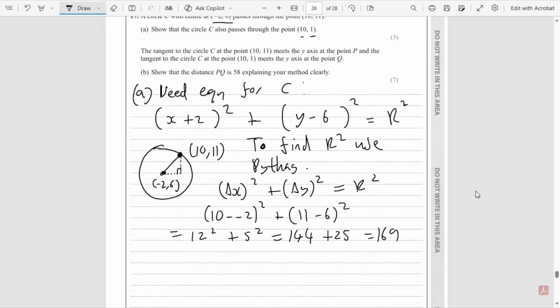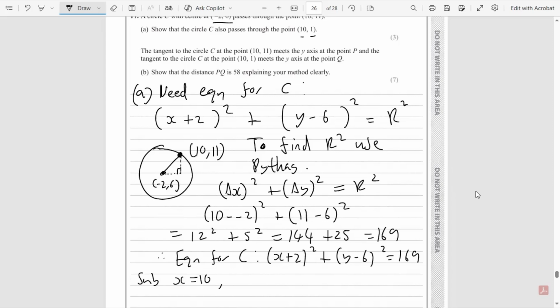So that's the r squared. Therefore, the equation for this circle is (x + 2) squared plus (y - 6) squared equal to 169.